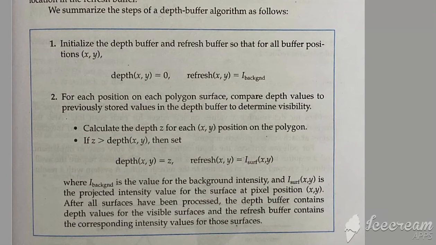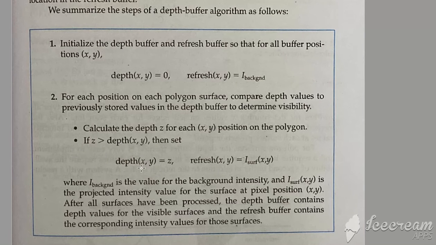In our algorithm, first we initialize the buffers, that is the depth buffer and the refresh buffer. The depth is set to 0, and the initial value of the refresh buffer is set to the background value. Then we take each pixel and check whether the Z value for that pixel is greater than the already stored Z value.